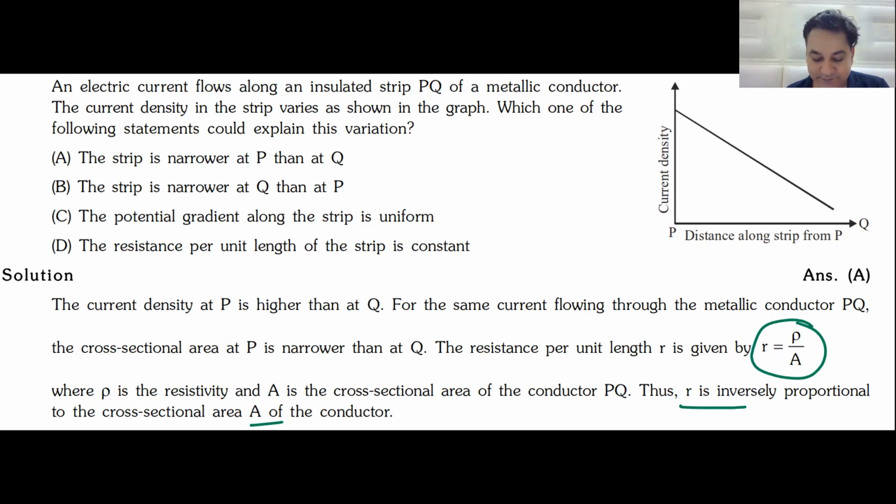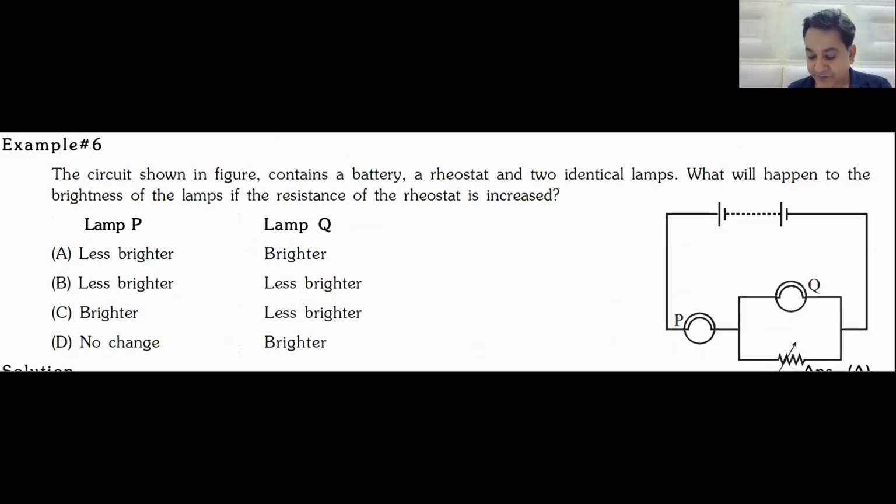What about this one? Next one. Remember, these are the type of questions that are in fashion these days. The circuit shows a battery, a rheostat, and two identical lamps, P and Q. What will happen to the brightness of the lamps if the resistance of the rheostat is increased?